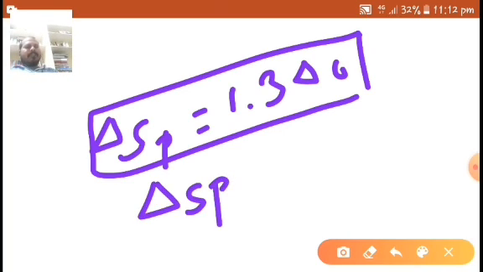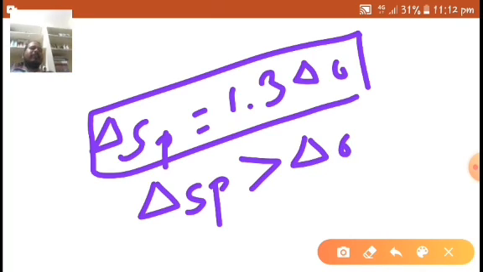The crystal field splitting energy delta Sp in square planar complexes is higher than the crystal field splitting energy in octahedral complexes.